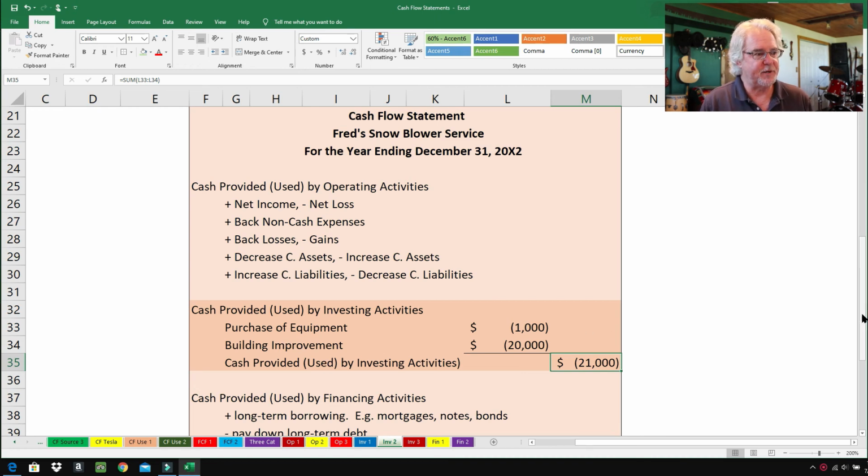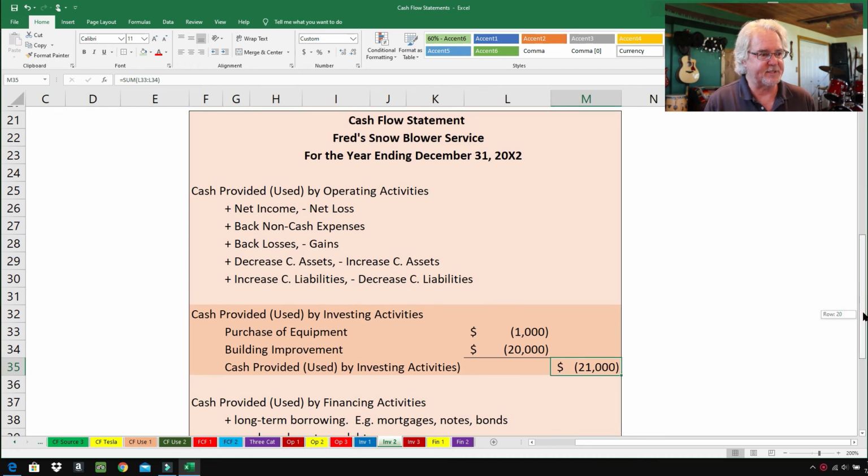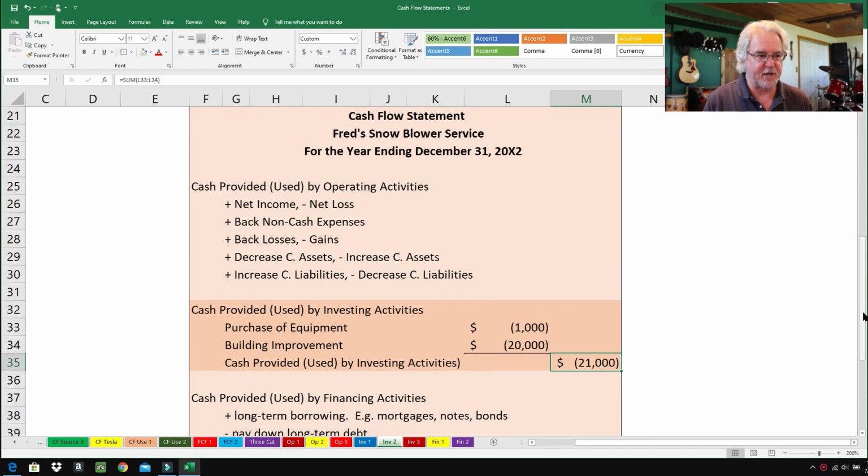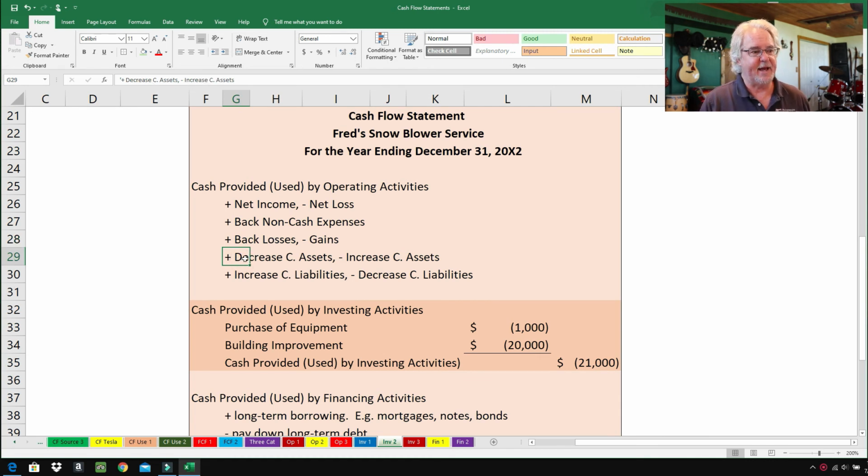So as a review, now today we're not studying the operating section, but as a review, what goes in the operating section of the cash flow statement? Net income, and we have to add back non-cash expenses. We add back losses, deduct out gains. We have to look at current assets. Did the current assets go up or did they go down? And act accordingly. Did the current liabilities go up or down, and then act accordingly?